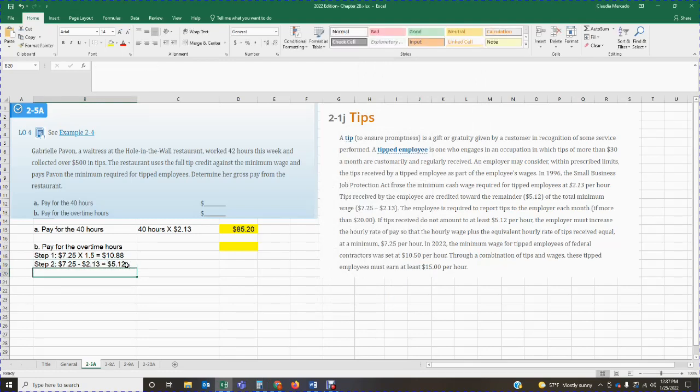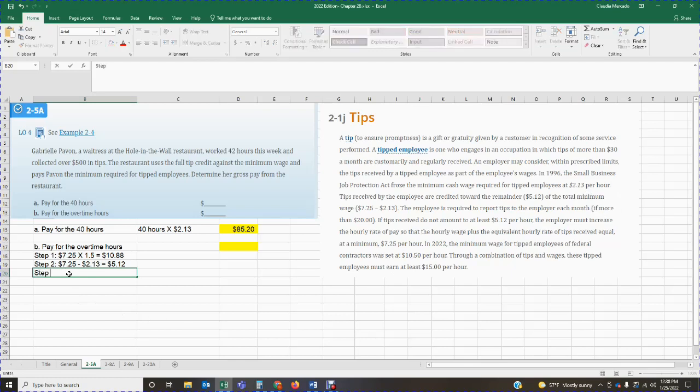This basically is going to be adjusted towards the overtime rate calculation. The employer is not going to pay the full amount of overtime. It's going to pay an adjusted amount because the wage for tipped employees is lower.